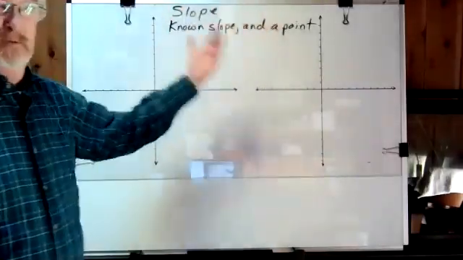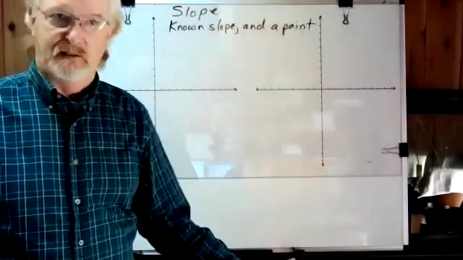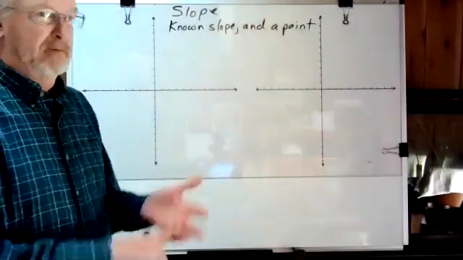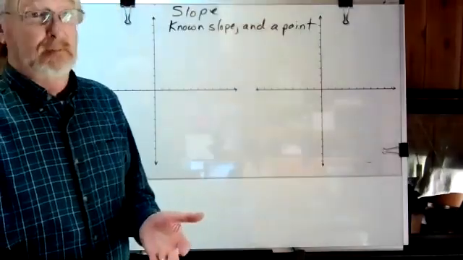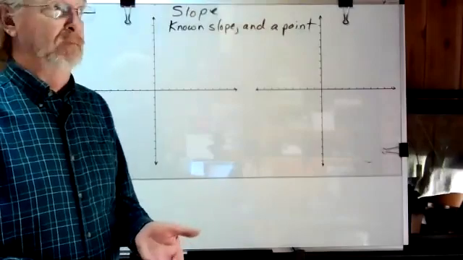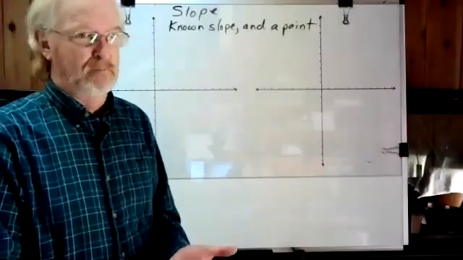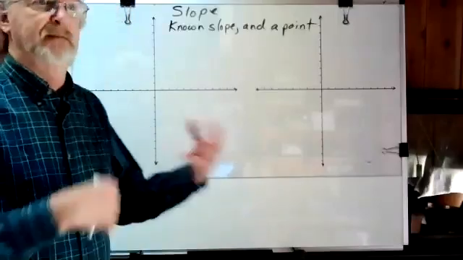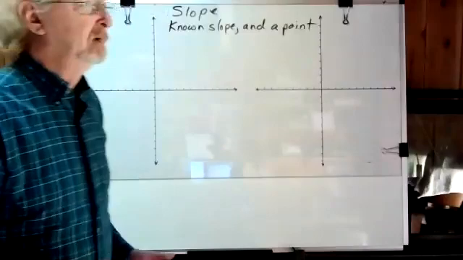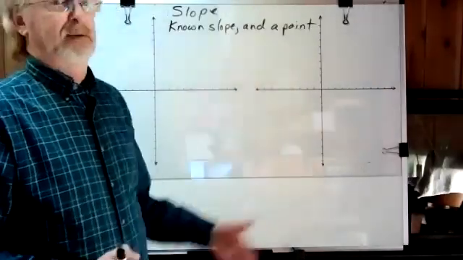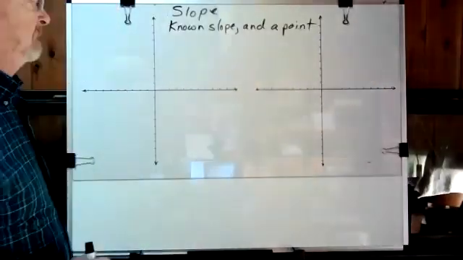This is going to be our situation from now on, actually, when we try to graph a line, and eventually when we try to come up with the equation of a line. We need to know the slope, and we need to know at least one point on that line. And then we'll see how we can use that information to not only graph today, but eventually to come up with the equation of that line.